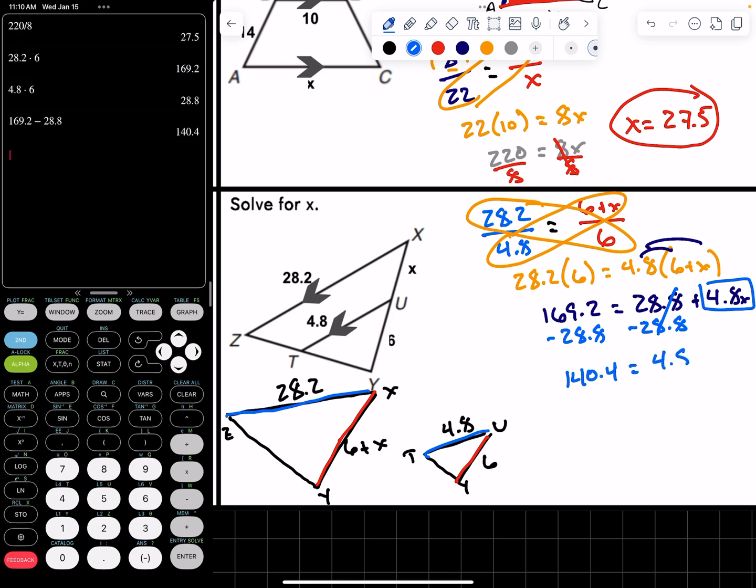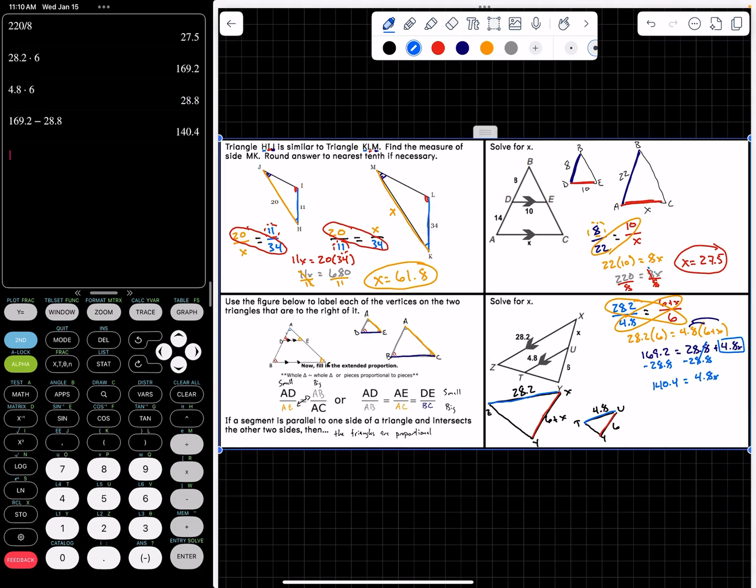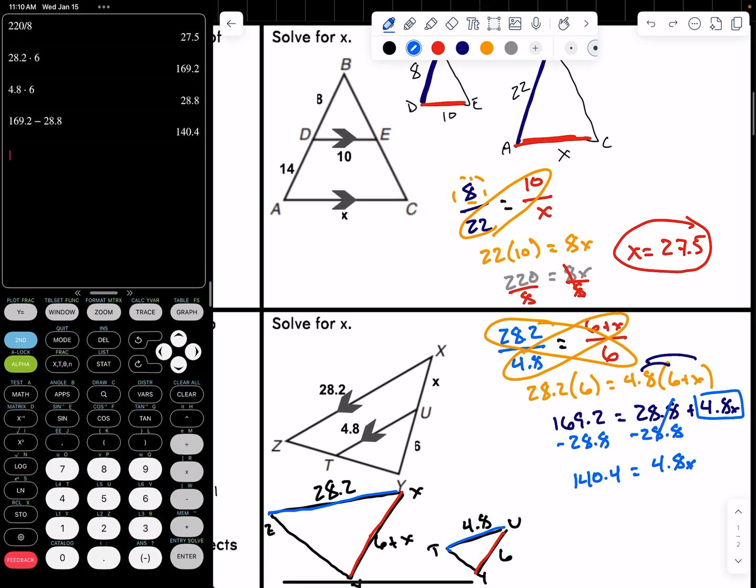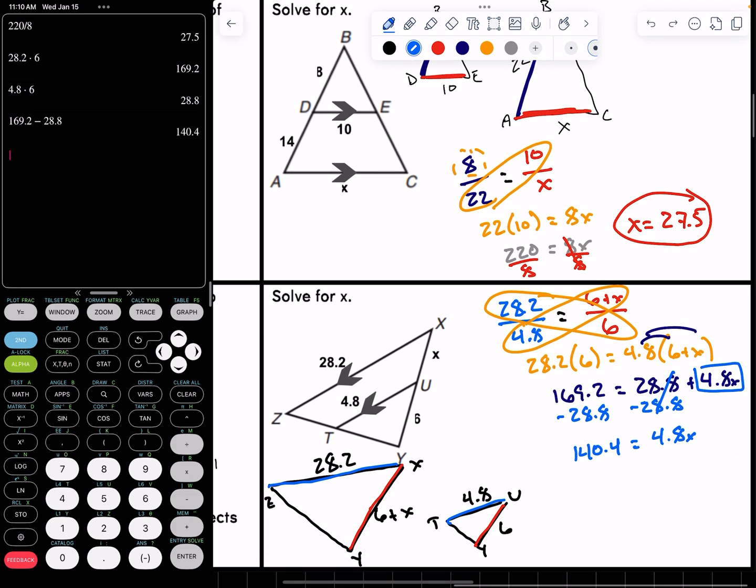And that's going to be equal to 4.8x. And then we can go on ahead and divide both sides by 4.8. We're going to get 29.25.